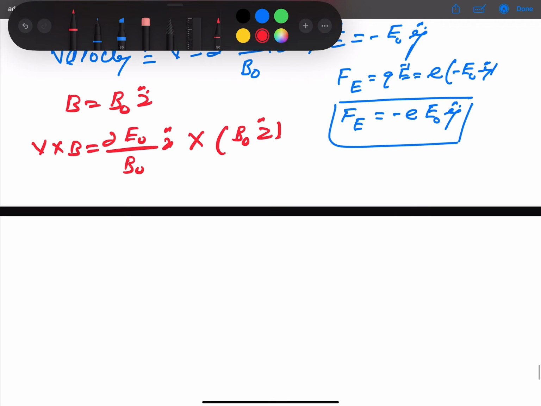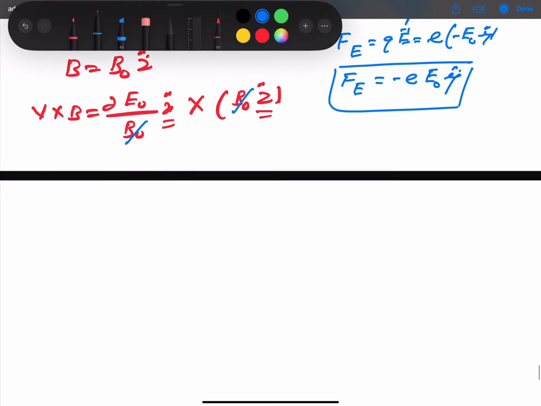This is basically X cross Z, which gives us minus Y, and B naught and B naught cancel out, so the cross product is equal to minus 2 E naught Y unit vector.